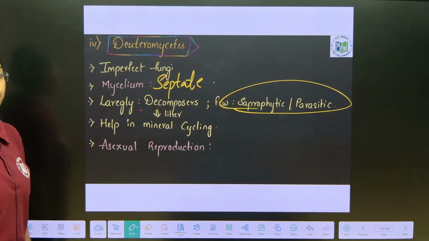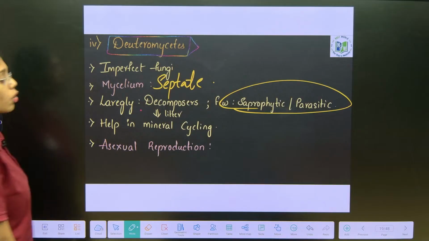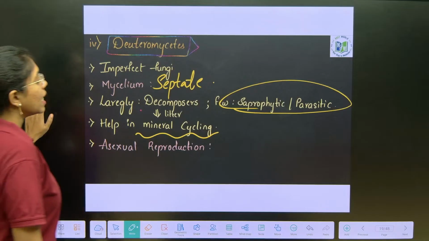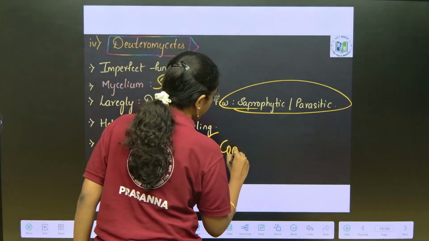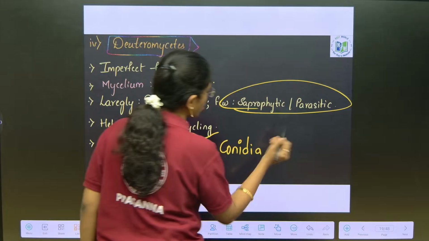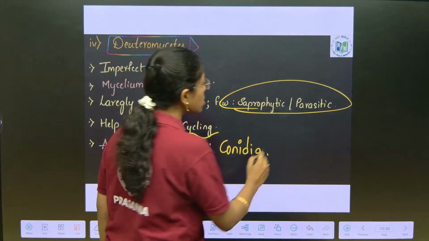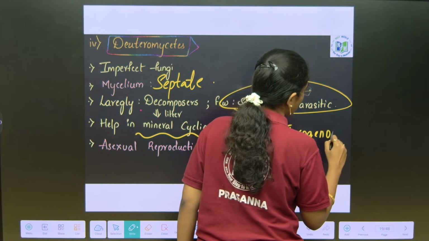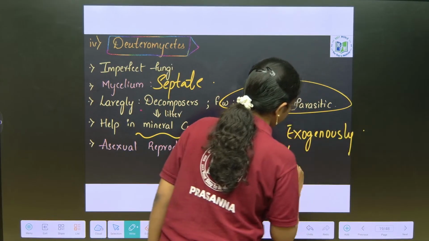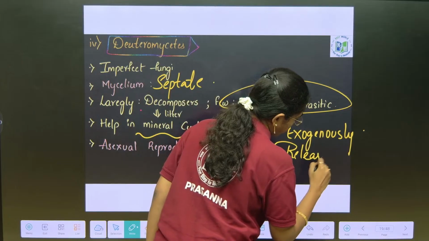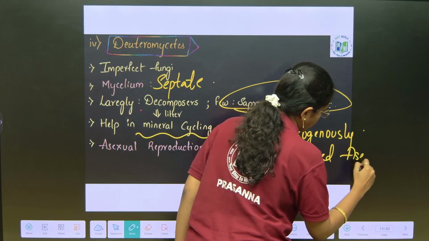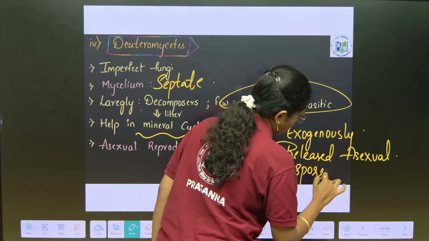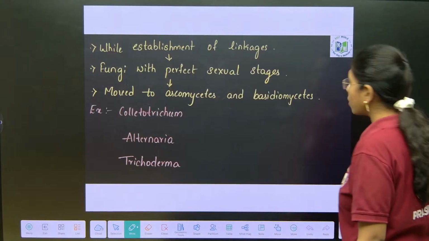As most of them are decomposers, they play a major role in mineral cycling, and asexual reproduction here is again through conidia. Conidia, which are the asexual spores. What type of asexual spores? Exogenously released asexual spores. Clear, right?